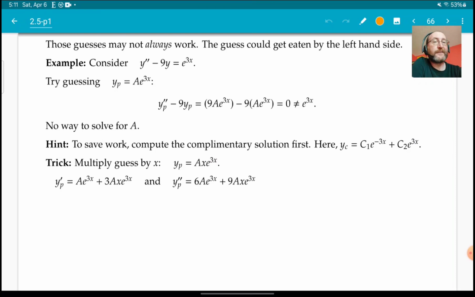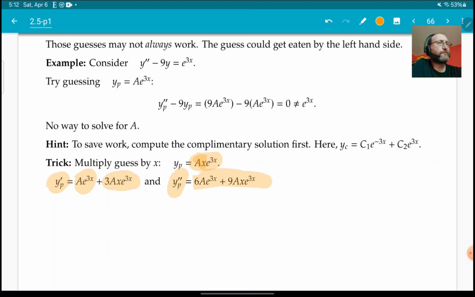Let's see why that works. If I do y prime, from this you use the product rule when differentiating, and you get your a e to the 3x out here, and so basically you get these 2 terms. Now if I differentiate again, I'm going to get this.